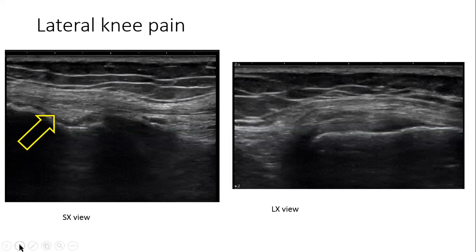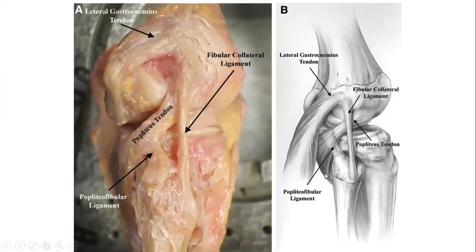Now let's look at the anatomy of this area. So this is the popliteus tendon. The muscle is posterior, and the tendon comes anteriorly on the lateral side and attaches to the femur. This is the groove through which it goes anteriorly, and this tendon is intra-articular, so it's inside the capsule.